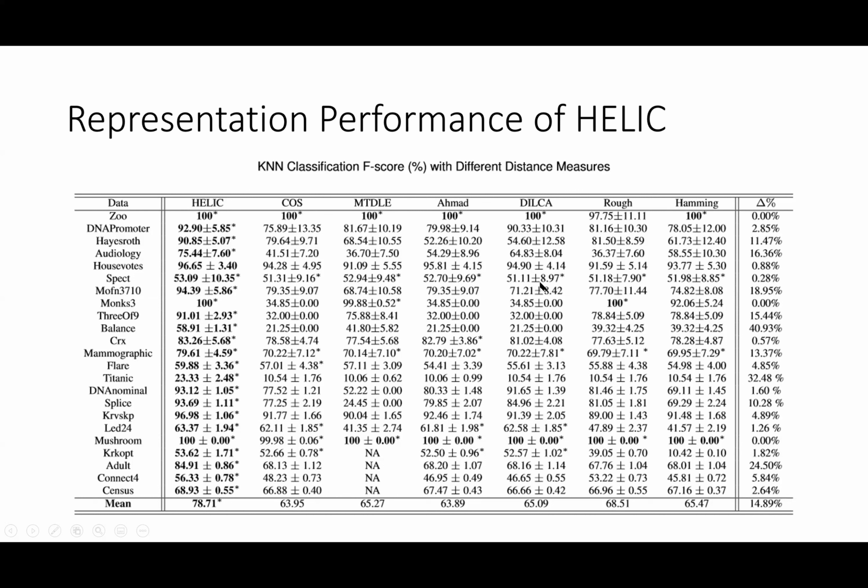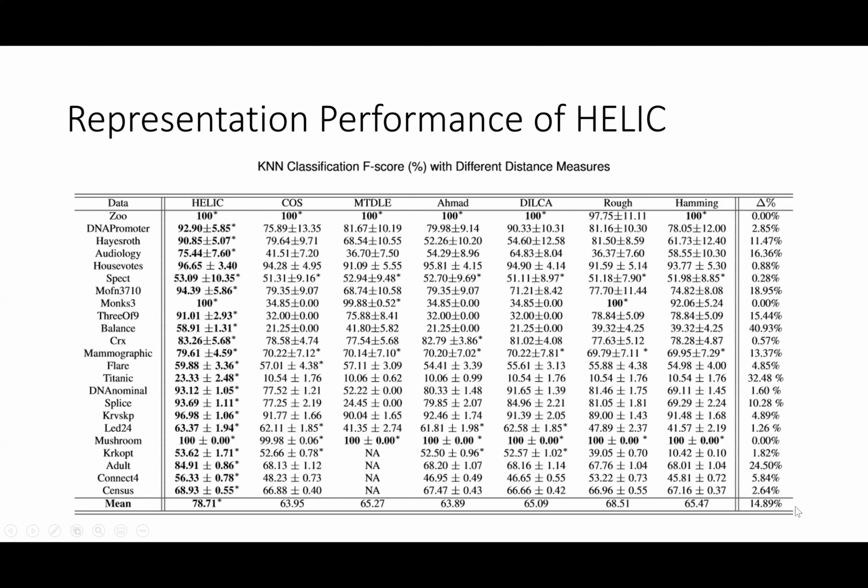Like this one, Spectf, quite difficult, right? So the result is quite low, the F score around 50%. It means that even in very simple data in the UCI collection, there is still some complexity we haven't really captured well. Through this way, we still cannot really capture it.